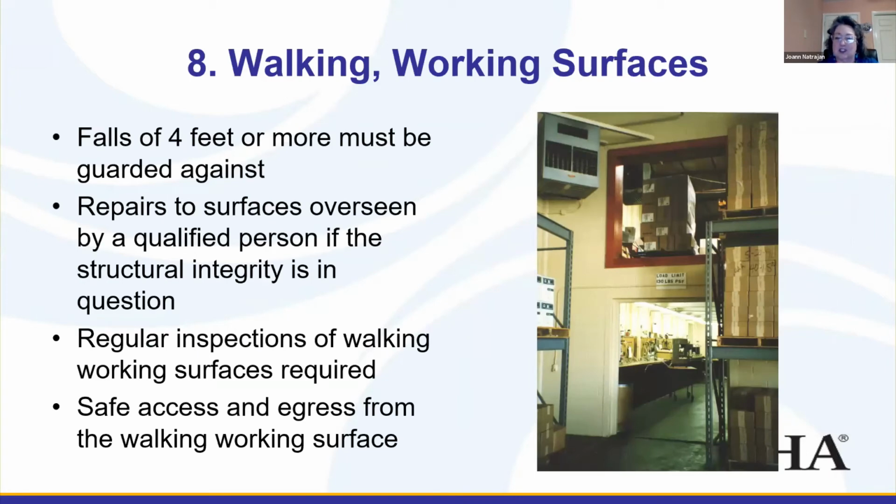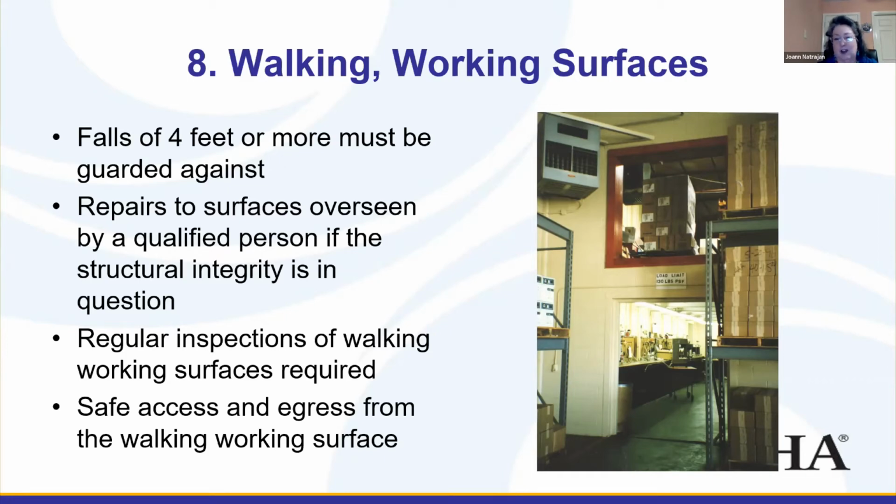Other things that you'll see is that if you have a fall of 4 feet or more, then you have to guard against it. So you can see in the picture there, they're probably using a forklift to lift pallets up to a higher level. Okay, but what they've got is essentially a wall opening. And if there's people working up there, there's nothing to prevent that person from stepping wrong and accidentally falling.